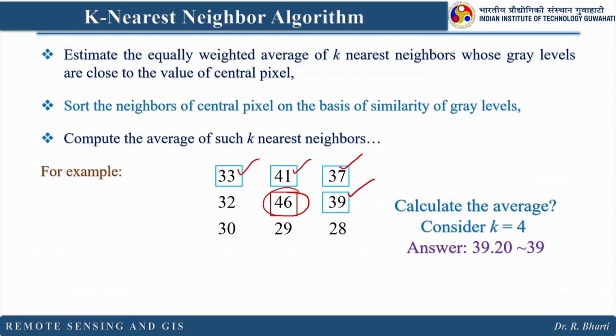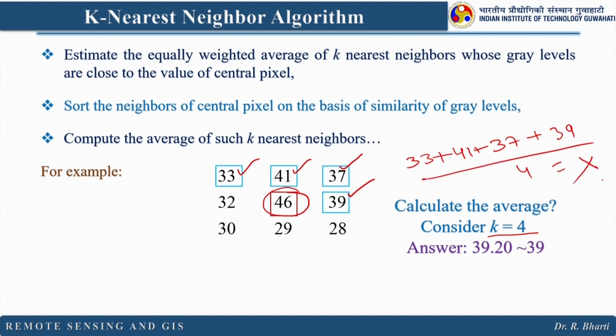But if you consider only 33 plus 41 plus 37, right, plus 39, divided by 4, you will get some other value, which is wrong. So we have to always include the central pixel value, and only then will it be the K nearest neighbor. If you consider only these values, it will not come out right.